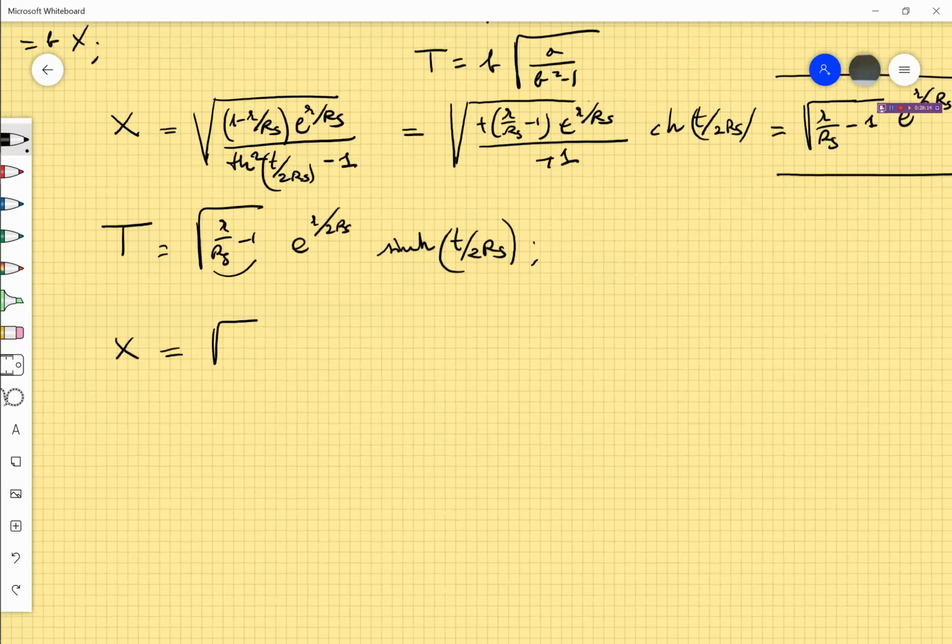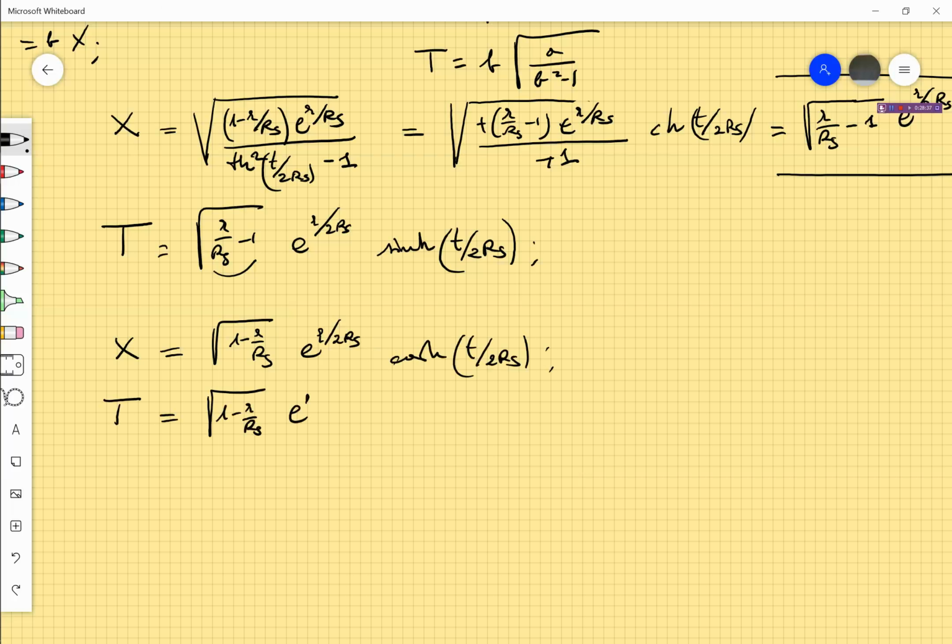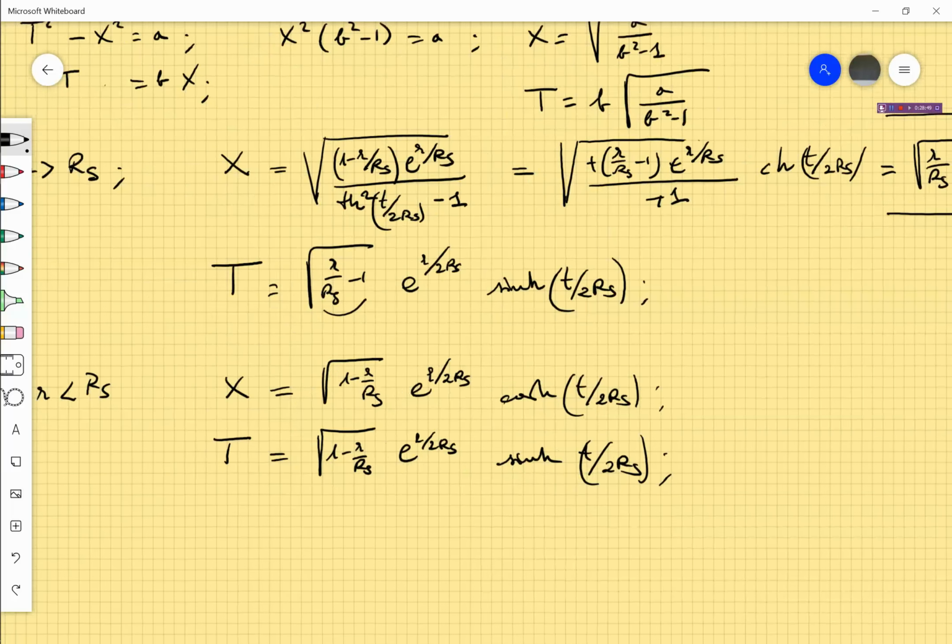So you have a square root of 1 minus R divided by Rs, e to the R divided by 2Rs, a hyperbolic cosine of T divided by 2Rs, and for T you have the square root of 1 minus R divided by Rs, e to the R divided by 2Rs, and a hyperbolic sine. Okay, so these are the relations.